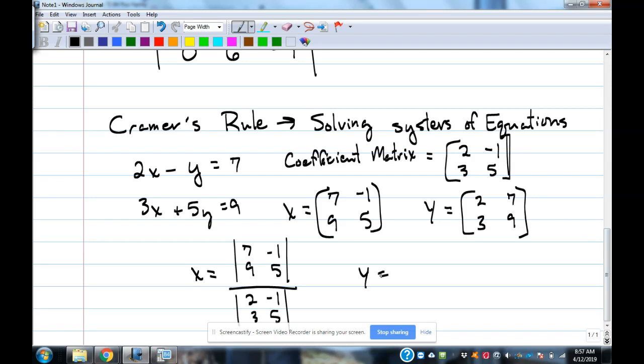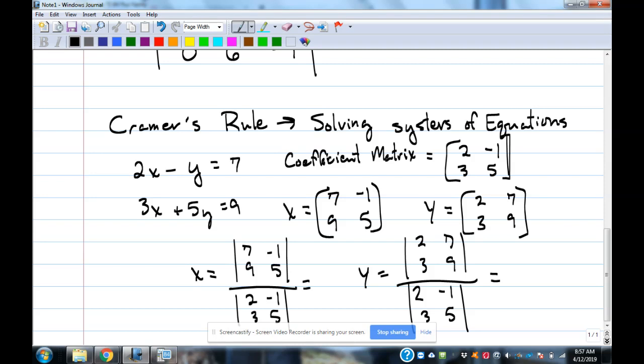To get Y, you take the determinant of the Y matrix, 2, 3, 7, 9, divided by the determinant of the coefficient matrix. Those give you numbers for X and Y, just like solving that system the way we already know how by our REF.